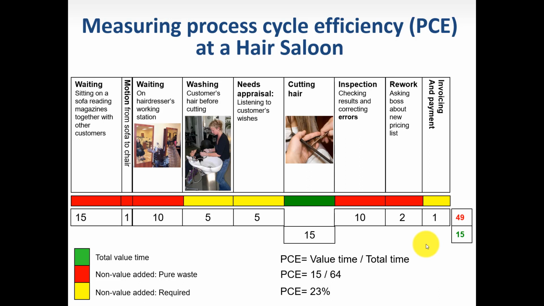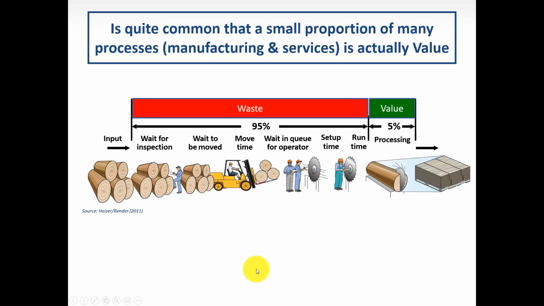Then the next question perhaps will be, how can we improve that? And then it will be about optimizing some of these steps, or perhaps completely eliminating them. And there are all sorts of creative solutions to do that. We don't want to have people waiting in front of a mirror while the hairdresser is looking for hair or his tools, right? So the same logic applies to other manufacturing environments, like the one that we see here, in which the inputs or raw materials are being transformed.